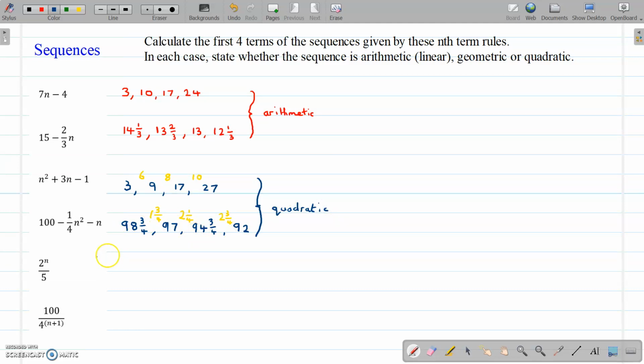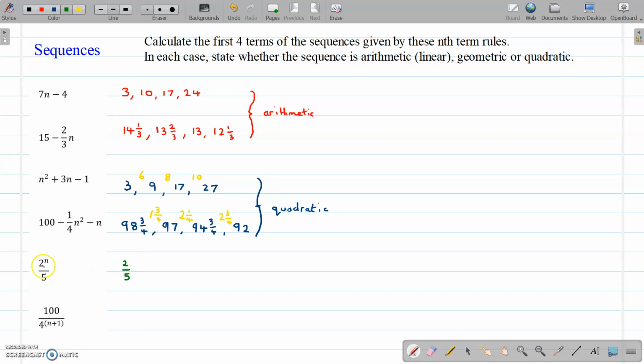All right. Now, the last two, the n seems to be featured as a power of another number. So let's see what happens when we explore these. So the first one, again, we apply n to be 1, 2, 3 and 4. So starting with 1, 2 to the 1 is 2, 2 over 5 is 2/5. That's the first term.